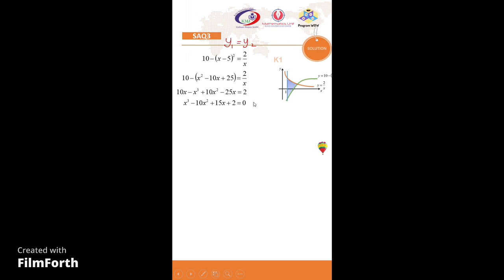For this cubic equation, you can use a calculator to solve for x. So you will get 3 values of x. For this process, finding the point of intersection, you will get 2 marks.